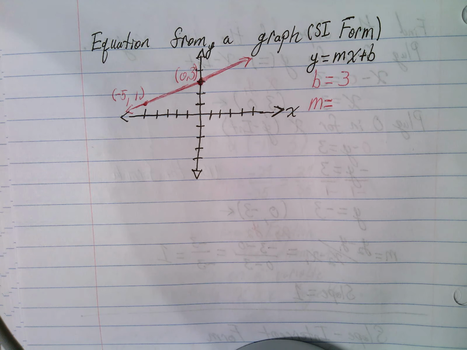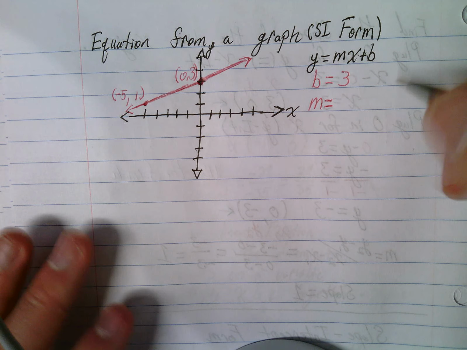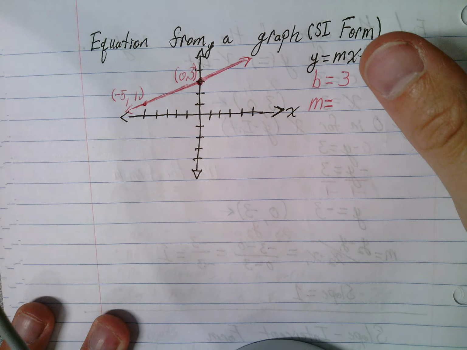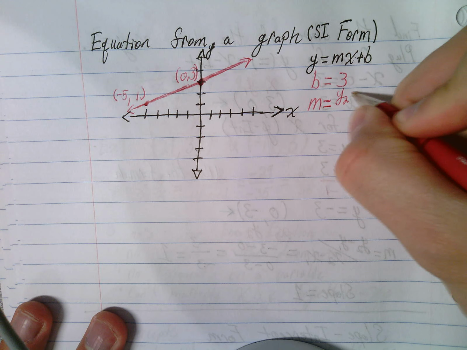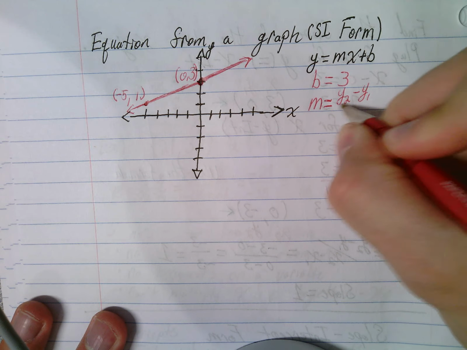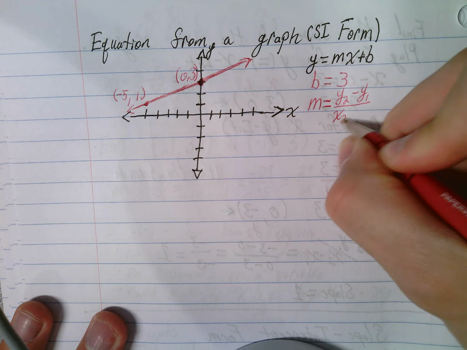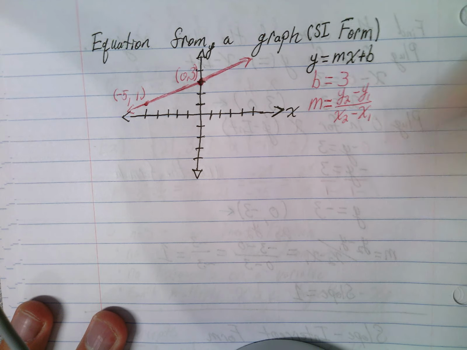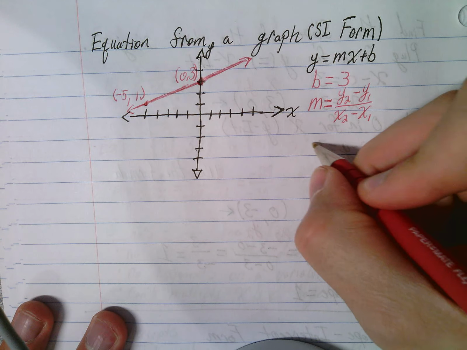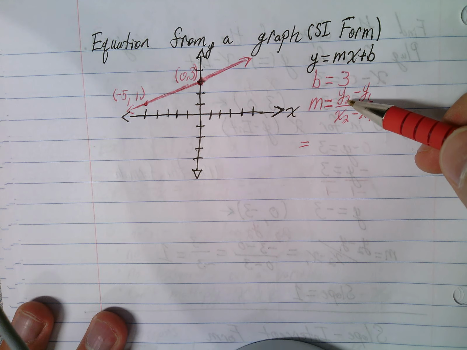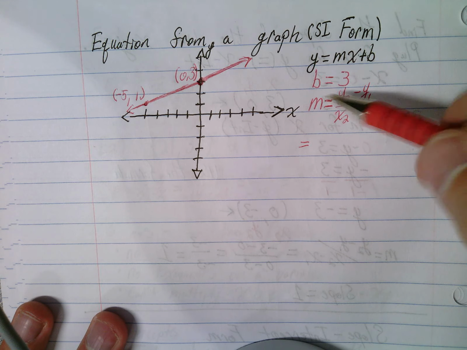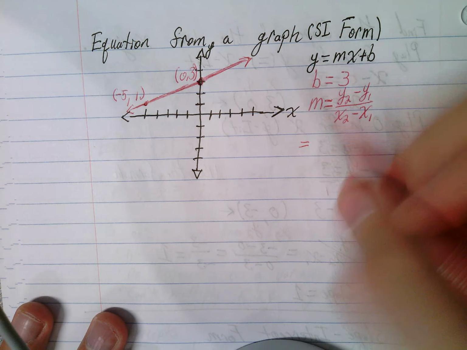Well, we can use the slope formula. What did the slope formula say? Antonio A., what is the slope formula? Good. Okay, so we can keep going here. This is fine. What is my y2? Three. Good, Jude.